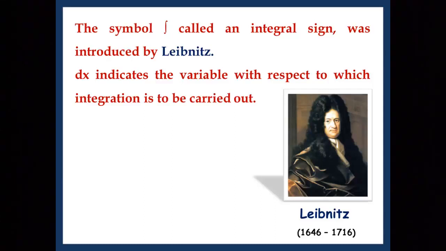If you take the first letter of the word sum and elongate it, you get the sign of an integral. Now what does dx stand for? Here dx indicates that the variable of integration is x.